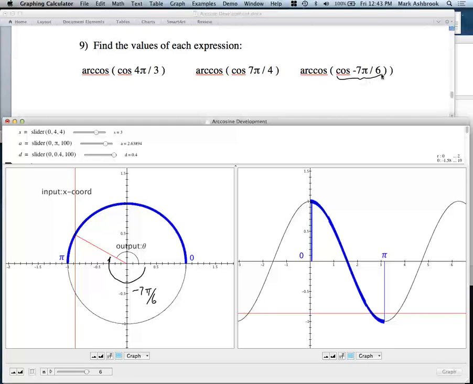And so that cosine is negative square root of 3 over 2. And now, what's the arc cosine of that? In other words, what's this angle, the angle between 0 and pi? 5 pi over 6.